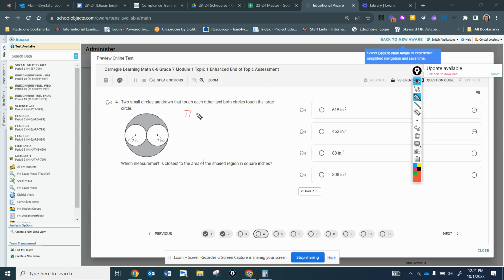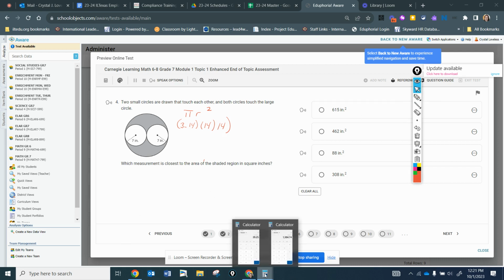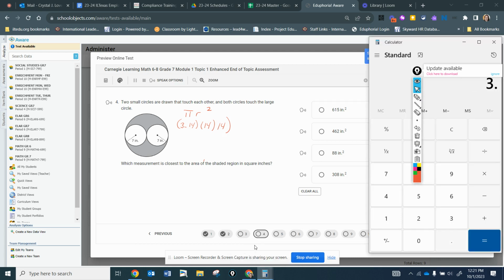Pi r squared, notice I'm writing it down, plugging in my numbers, 3.14 times 14 times 14. Okay, so now I'm going to do that in my calculator. 3.14 times 14 times 14 equals 615.44.